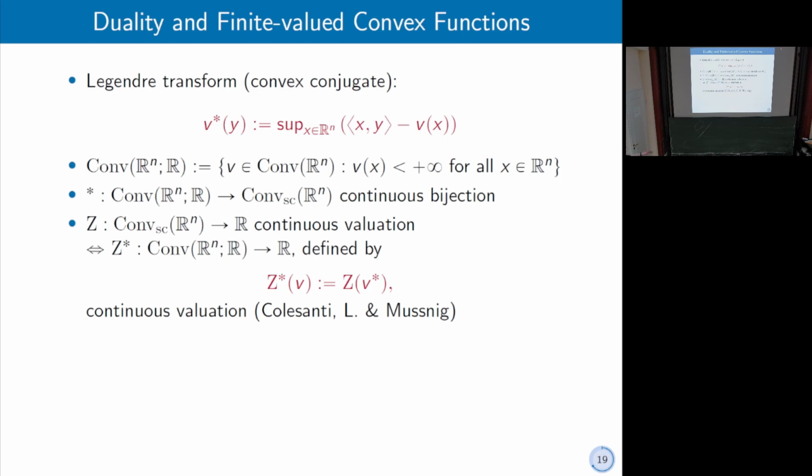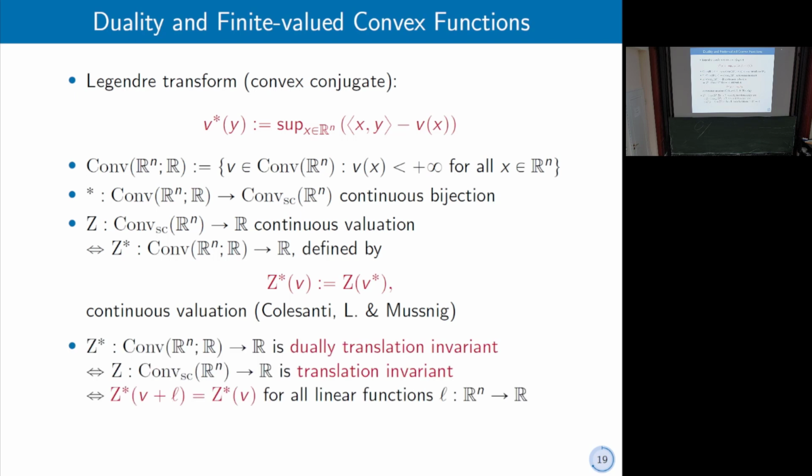You can define something like a convex conjugate valuation by defining Z star on the finite valued convex functions by Z star of v equal to Z of v star, where v star is the convex conjugate of v. And everything goes nicely.